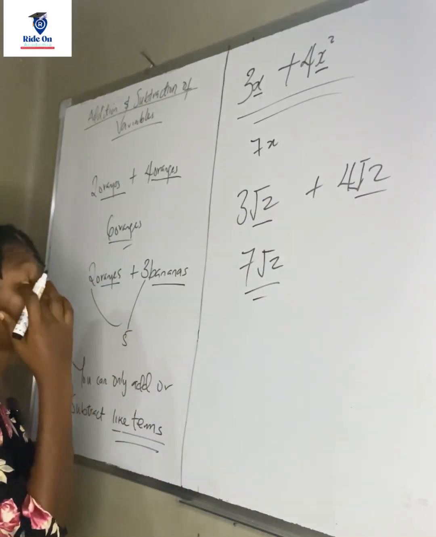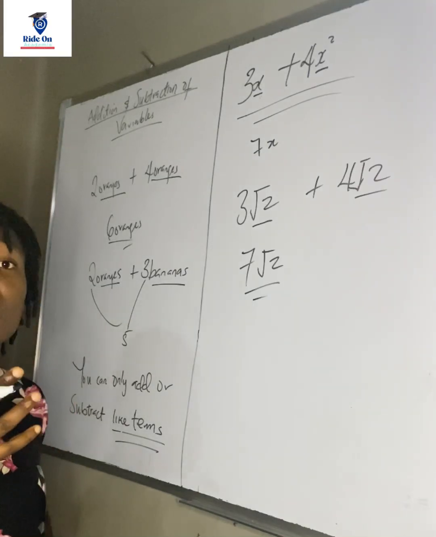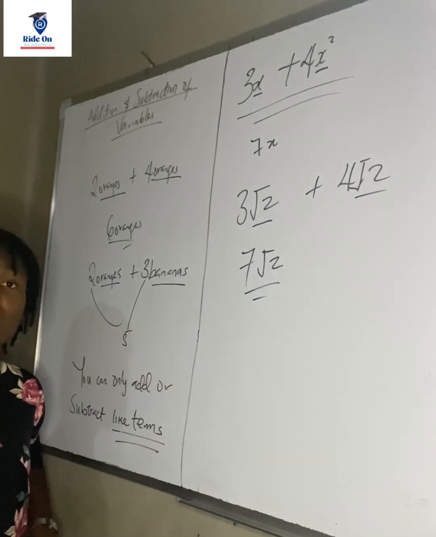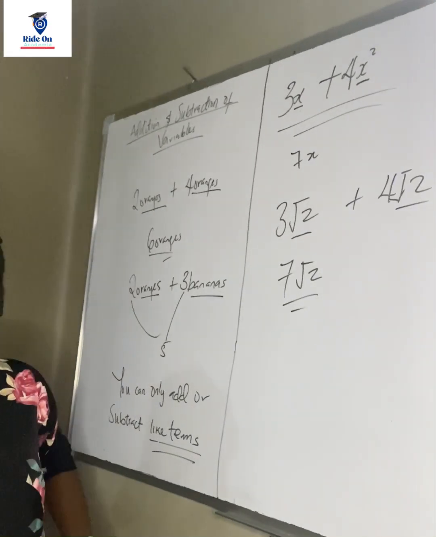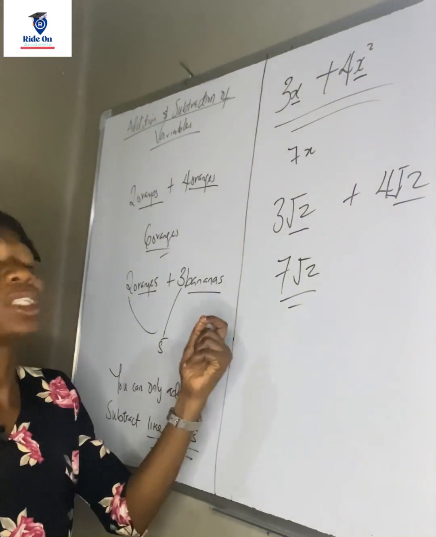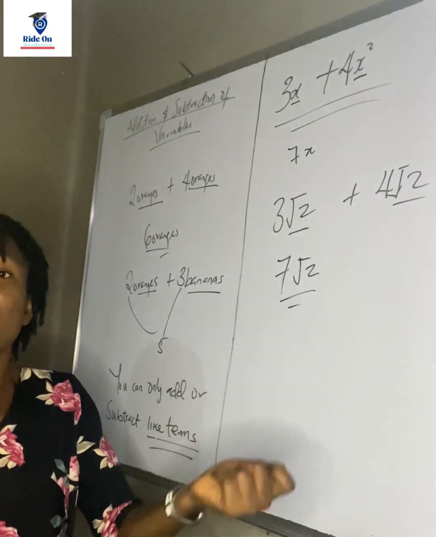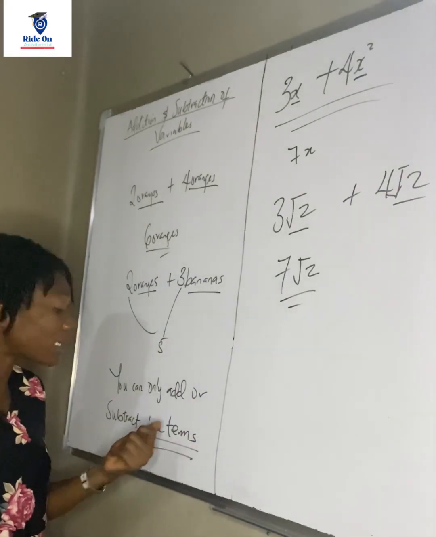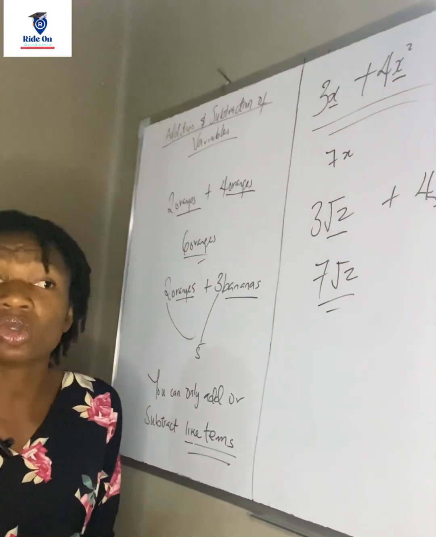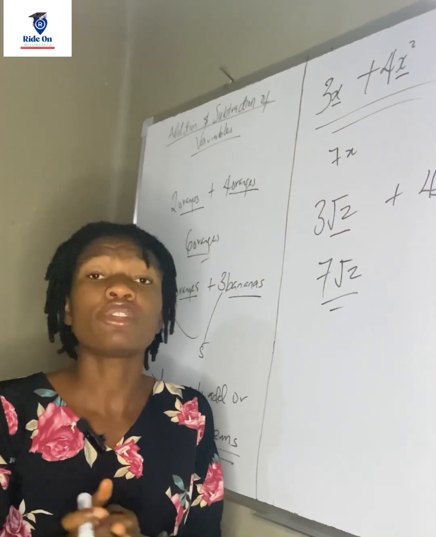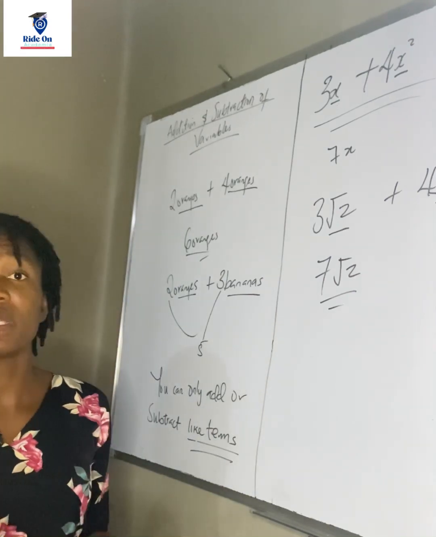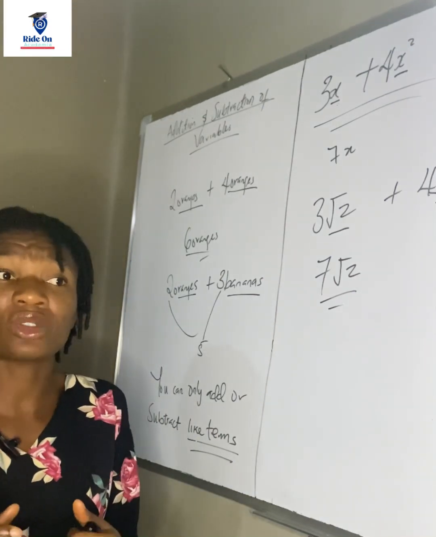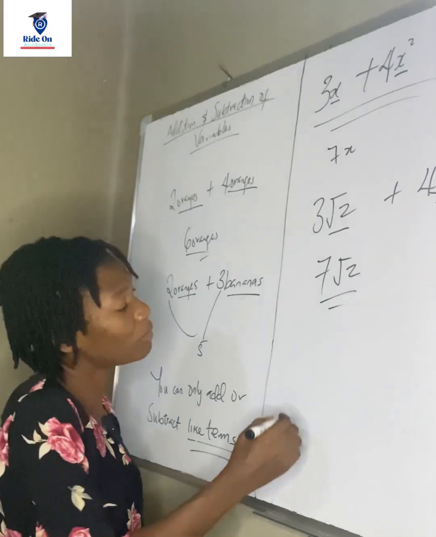So the rule we have to be conscious of when it comes to addition or subtraction of variables or surds is that we cannot add or subtract unlike terms. We can only add or subtract like terms. So the terms need to be the same if we must carry out addition or subtraction, or if there is a way you can simplify to have the same terms. What I mean is this.